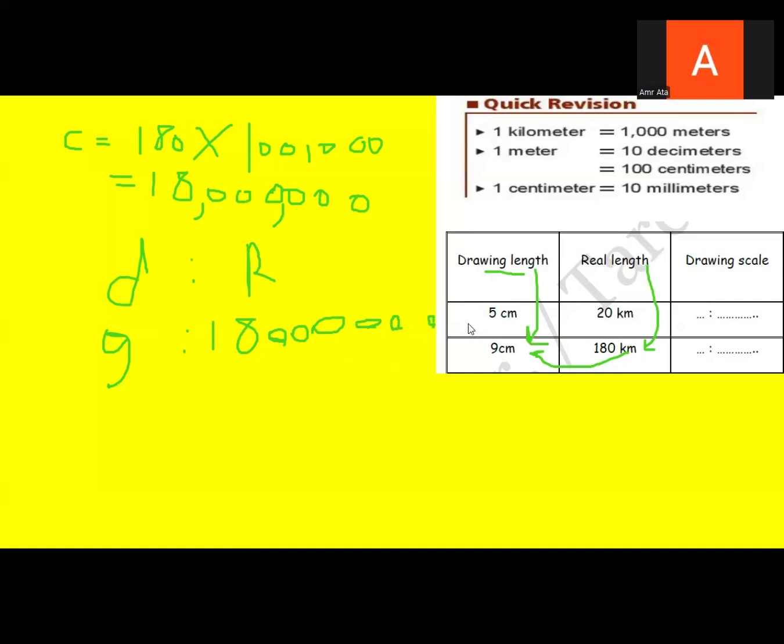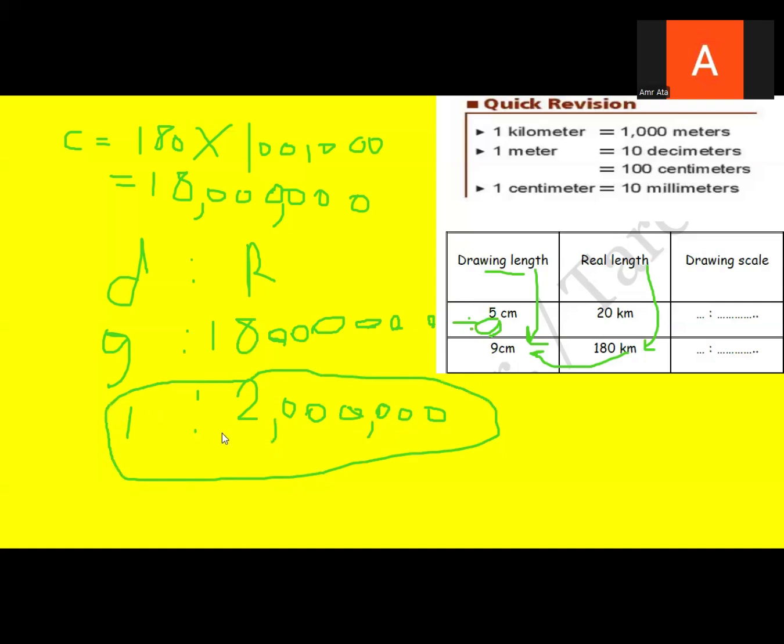So simplify by dividing the 2 numbers by 9. 9 divided by 9 equal 1. 18 divided by 9 equal 2, and the zeros as it is. 3, 4, 5, 6. So my scale drawing is 1 to 2 million. 1 to 2 million.